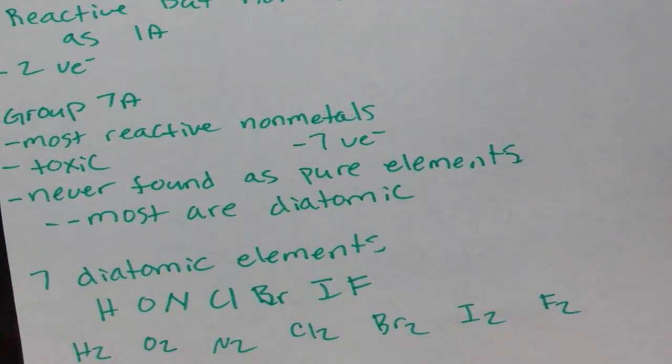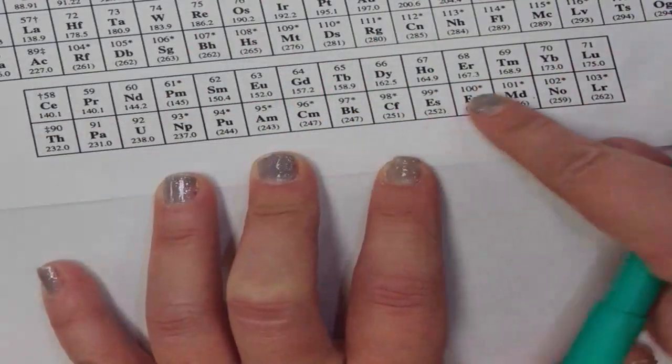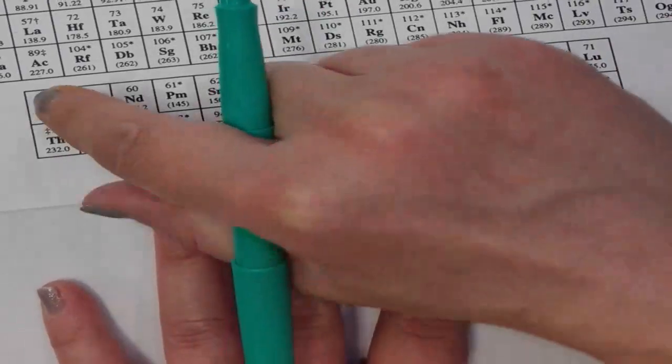All right, 2 more things that we're going to look at real quickly here on our periodic table. And that's going to be these bottom 2 portions. These are still metals, but we can break them down into what we call the lanthanides and the actinides.